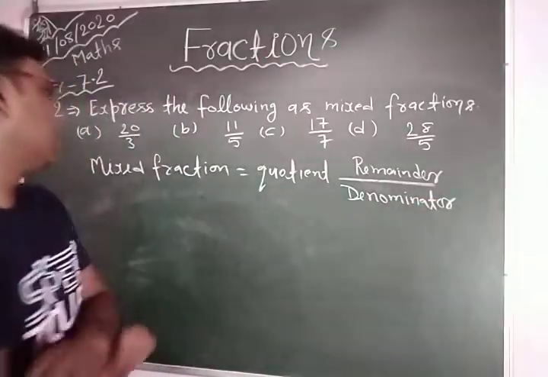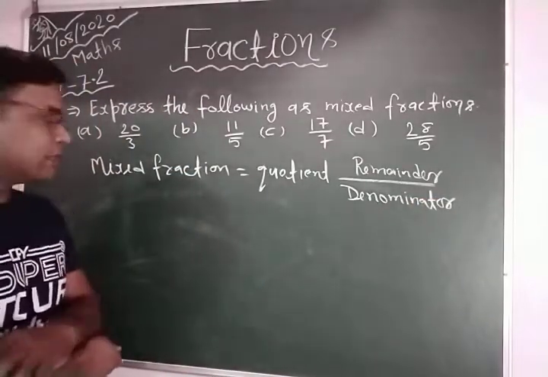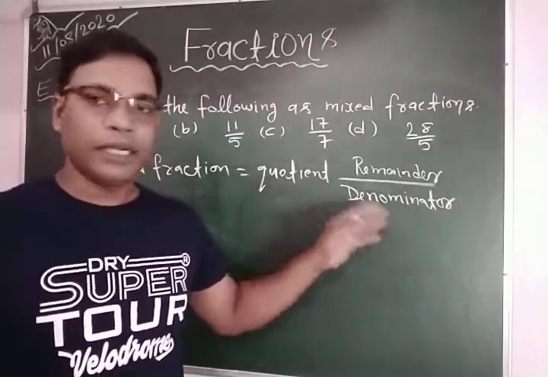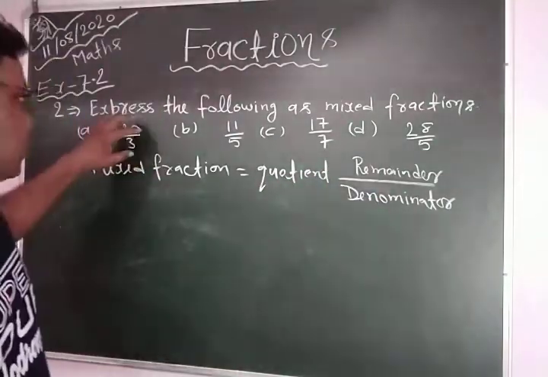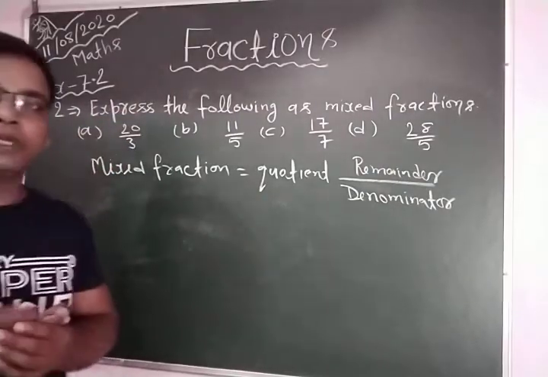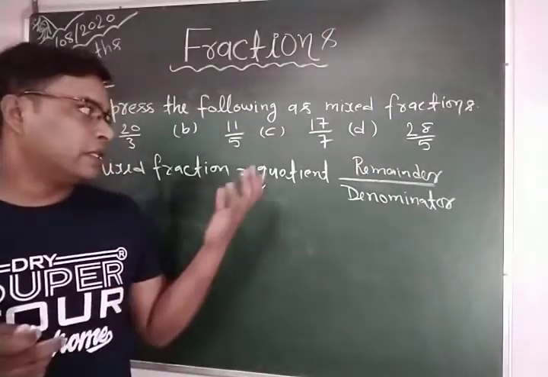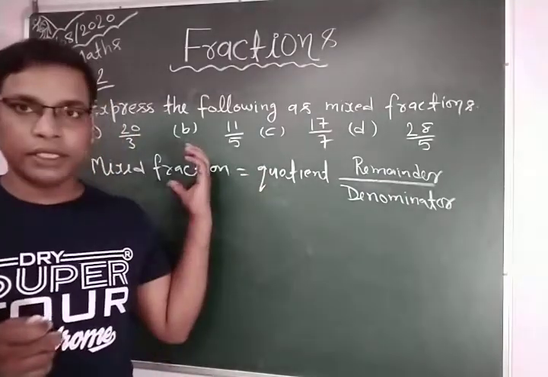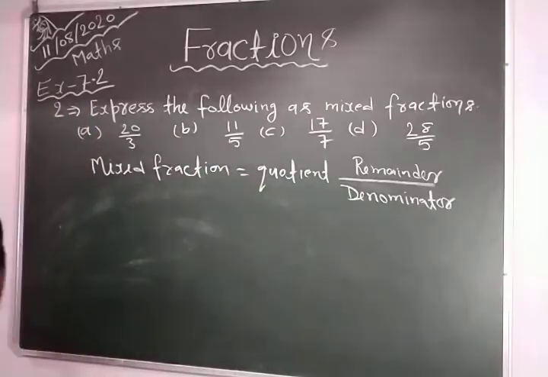So the form of a mixed fraction is quotient into remainder by denominator. This is an improper fraction. First we divide 20 by 3, then we obtain the quotient and also the remainder, then we can convert it into a mixed fraction.